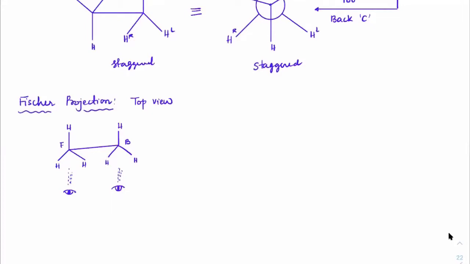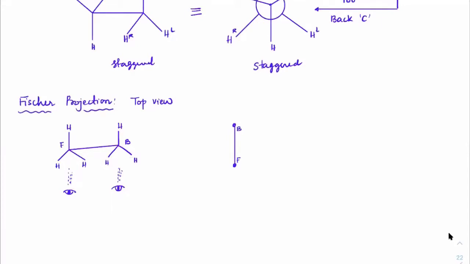I'm always watching in such a way that the back carbon, I'm putting it on top, and the front carbon, I'm always putting it down. So imagine this carefully, check out how it looks like. It's too big, make it small. This is the front carbon, this is the back carbon.